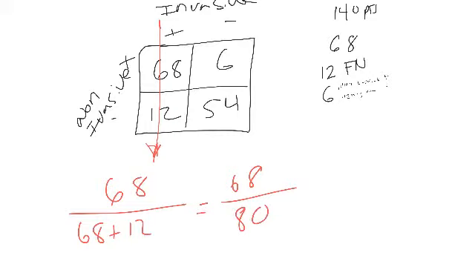You do the math to come up with it. About 75%, or something? 85%. Okay, so our sensitivity is 85%.